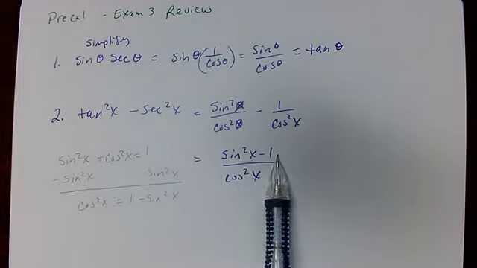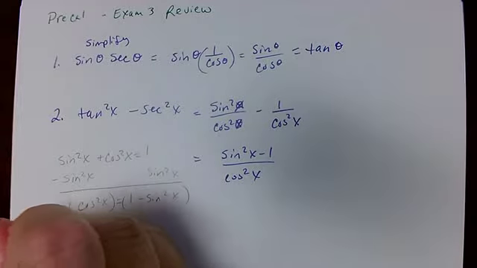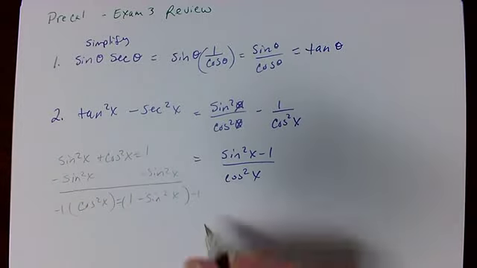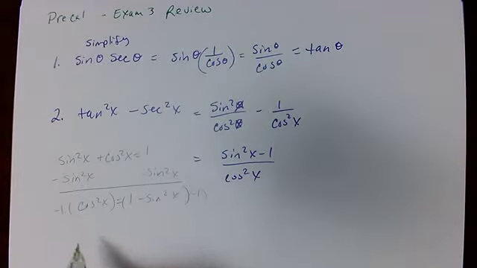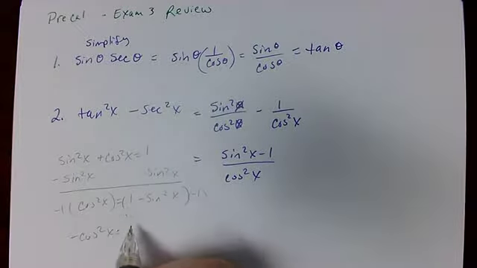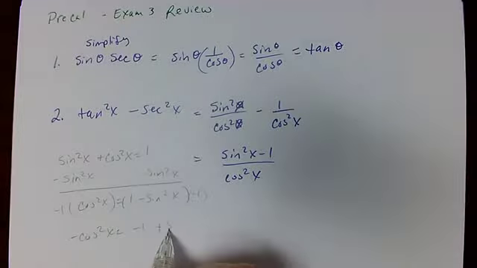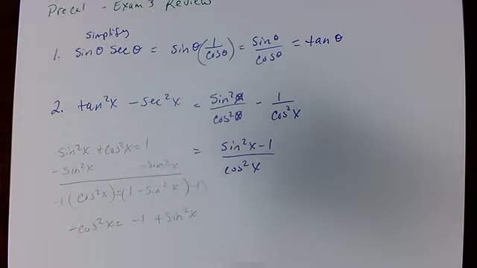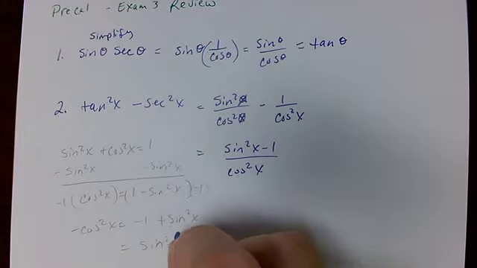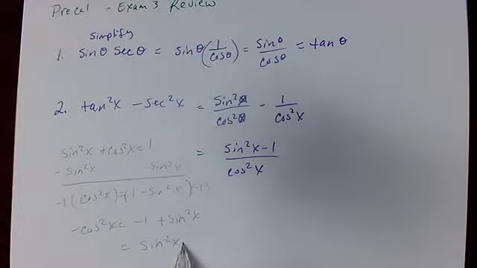So I'm going to multiply both sides by negative 1. So that gets me negative cosine squared x is equal to negative 1 plus sine squared x. Well, negative 1 plus sine squared x is the same thing as sine squared x minus 1.